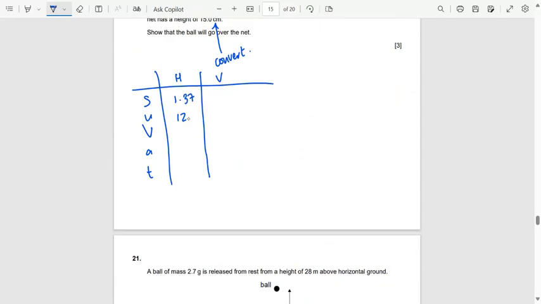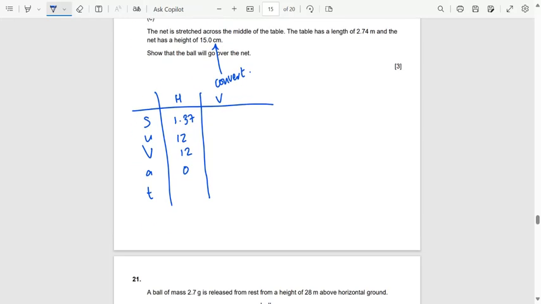We know the initial speed is 12 and it doesn't change because there's no air resistance, therefore there's no acceleration. We know that in the vertical it's going to drop a certain height, so we don't know that.